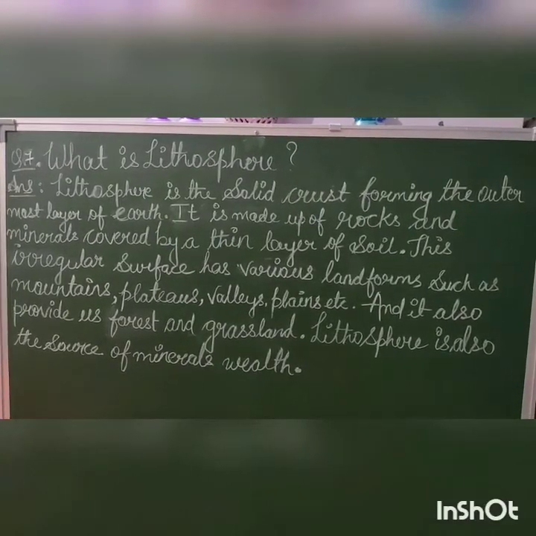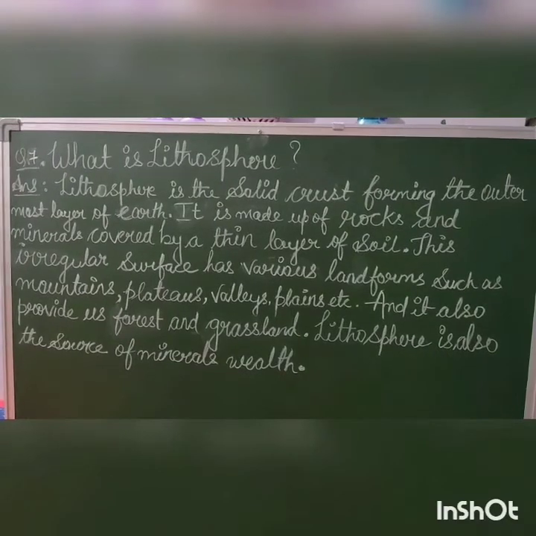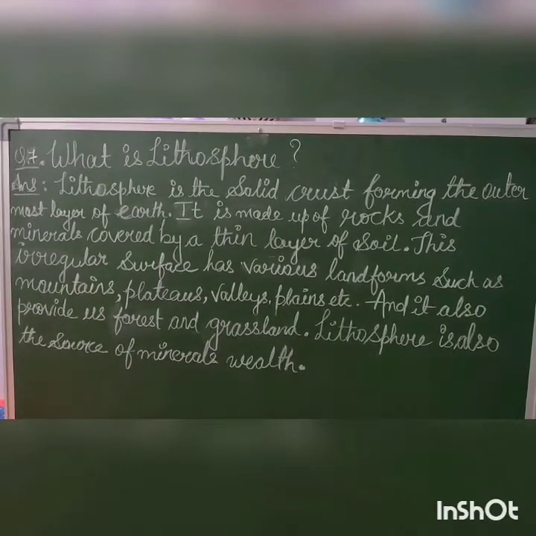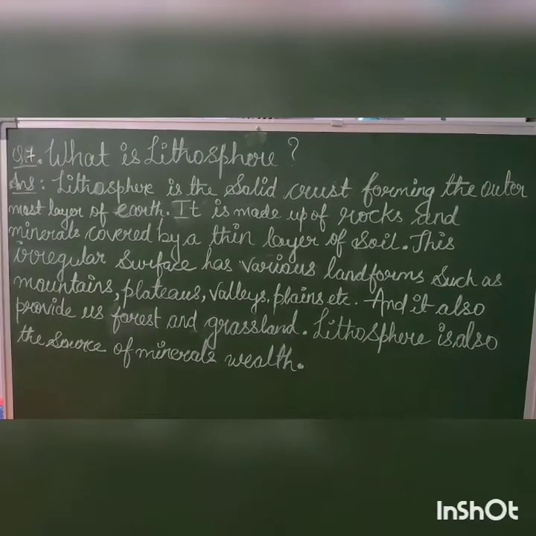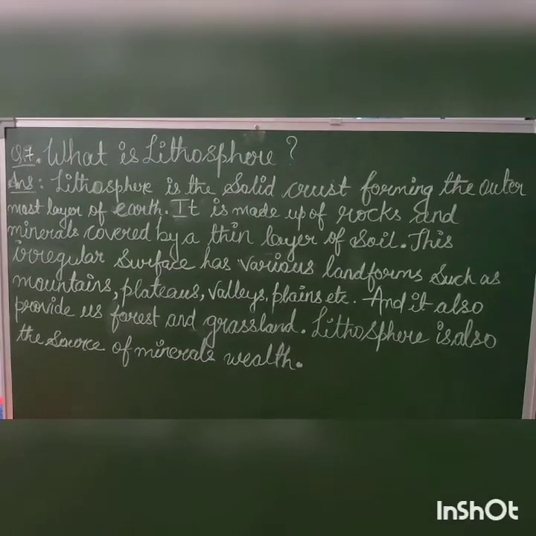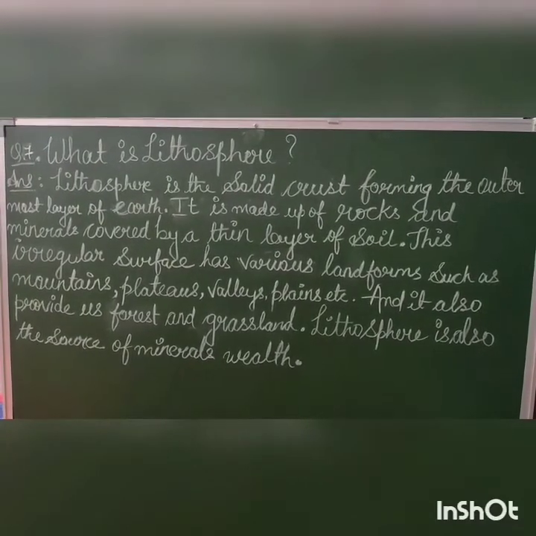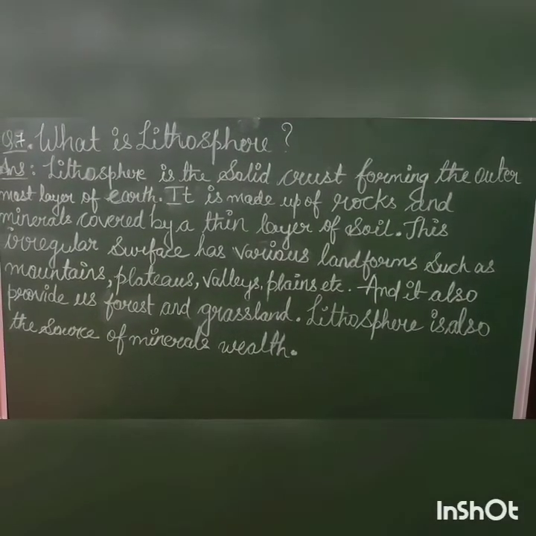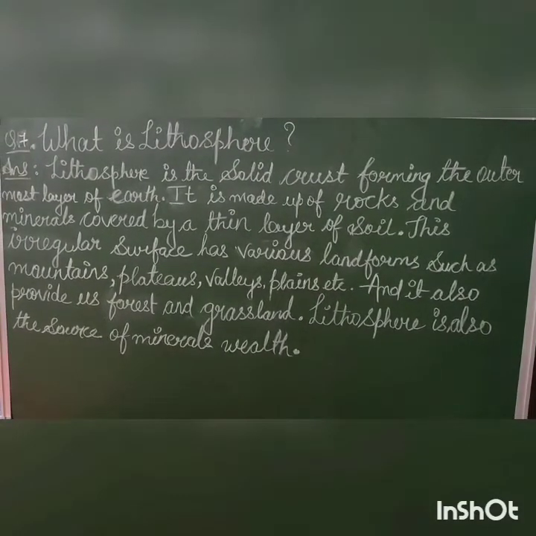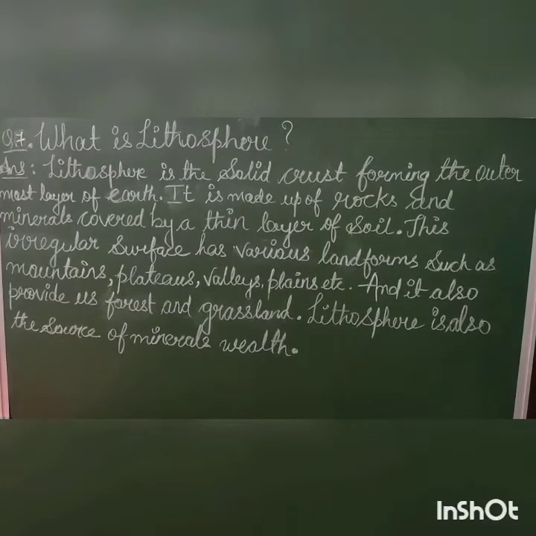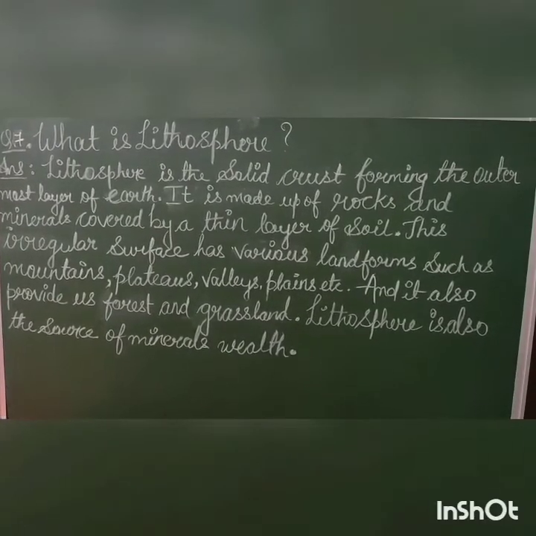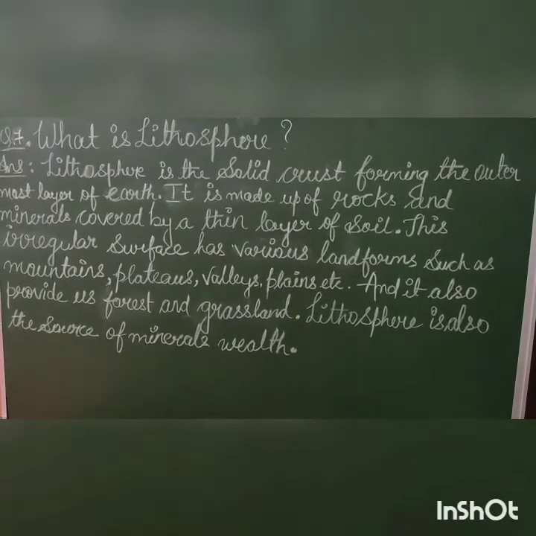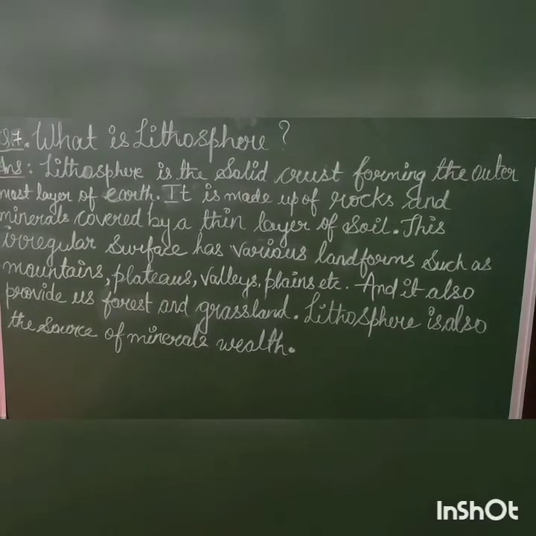The answer is lithosphere is a solid crust forming the outermost layer of earth. It is made up of rocks and minerals covered by a thin layer of soil. This irregular surface has various landforms such as mountains, plateaus, valleys, plains, etc. It also provides forest and grassland. Lithosphere is also the source of mineral wealth.